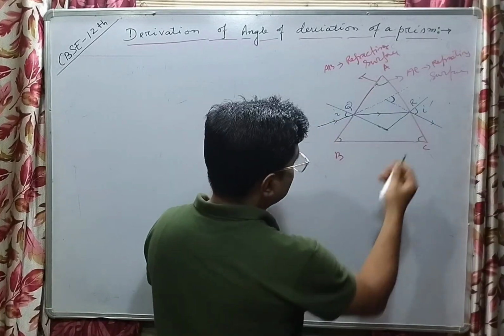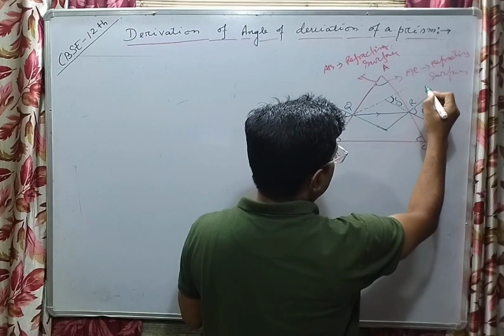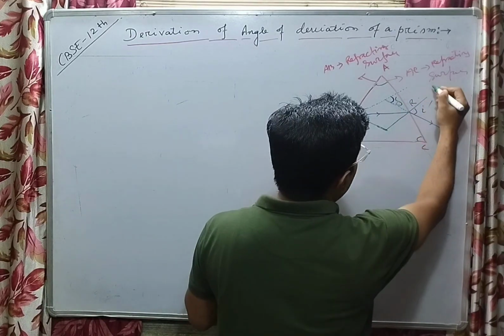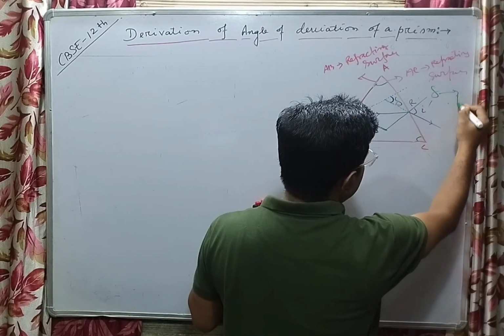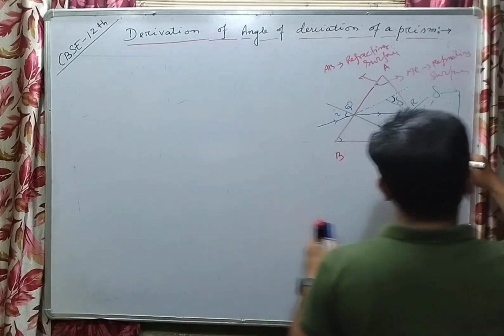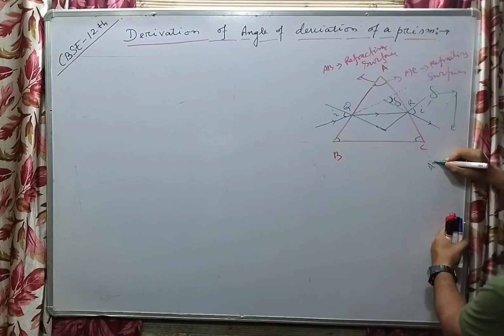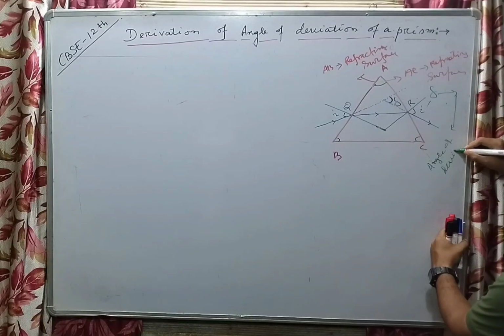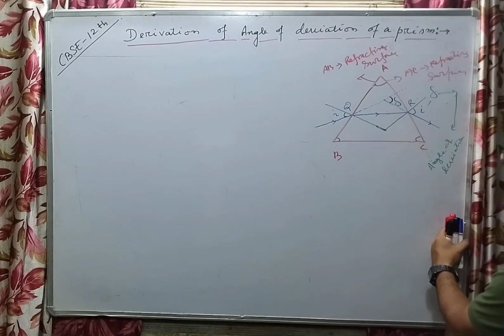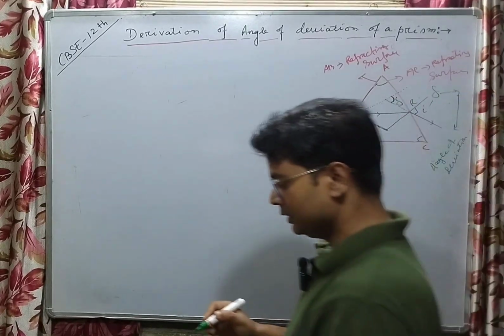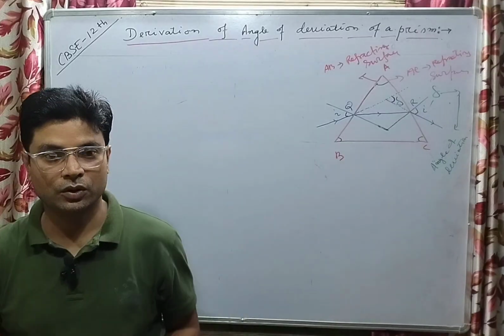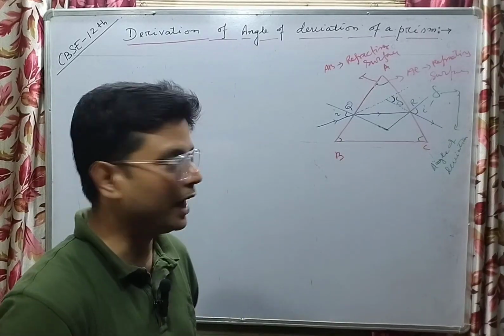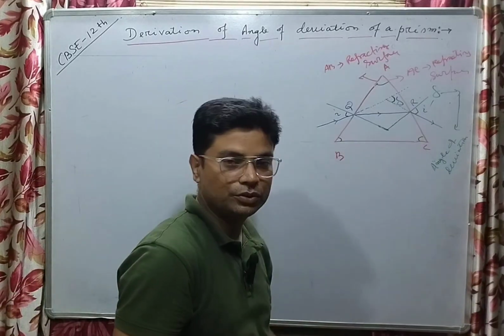This angle is delta, and the angle delta is the angle of deviation, which I am going to find out.